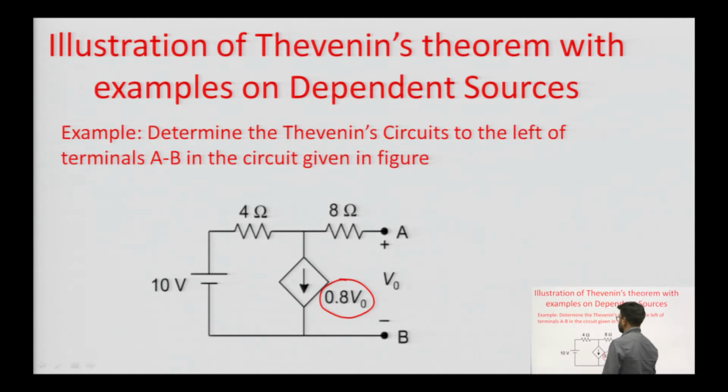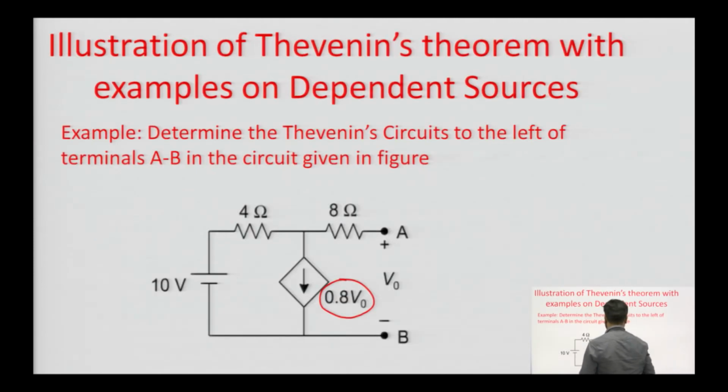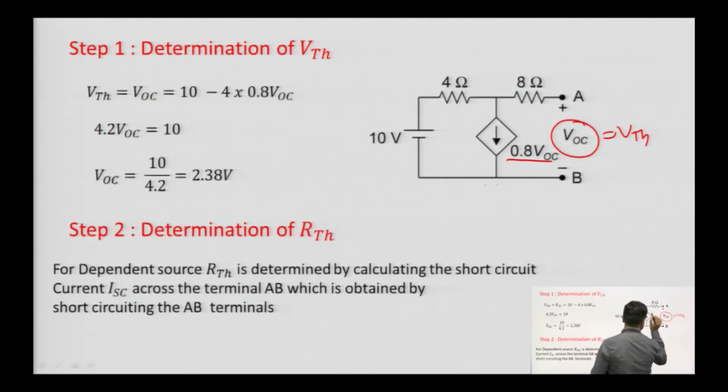Again, the method to find VTH will be the same. We open circuit this terminal, VOC, which will be equal to VTH. Since the source is 0.8 V naught, we will have 0.8 VOC, because the voltage across this is VOC. So, VTH equals VOC equals 10 minus 4 into 0.8 VOC.